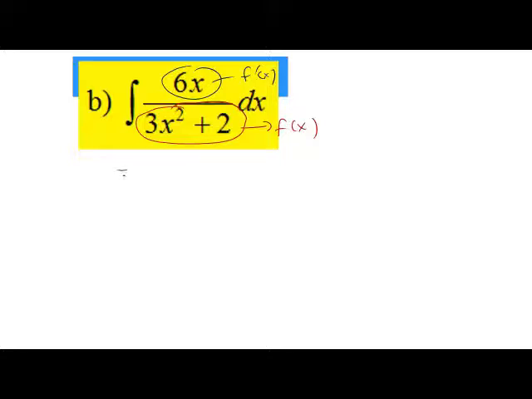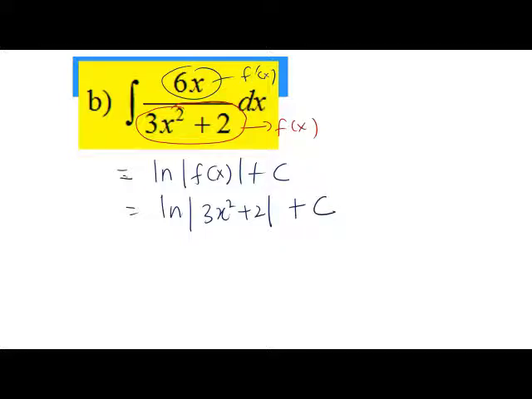So still remember, when we integrate something like f prime x over f x, we're going to have ln f x plus c. So our f x here is 3x squared plus 2. So we may write it as ln 3x squared plus 2 plus c. Simple.